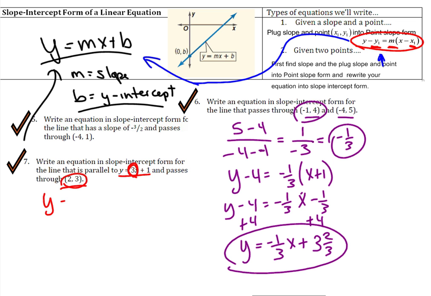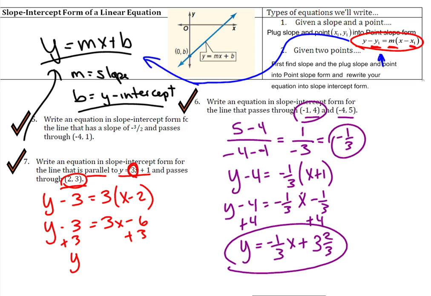So there's where I start with point slope form. I take the slope off the line that's parallel because it's got the same slope, and I use my other point, and then I just work it out like I did the other two. So there is my line.